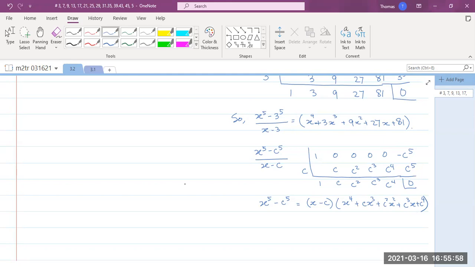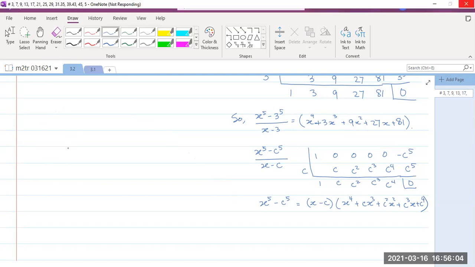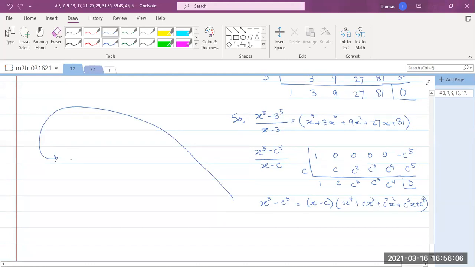Okay, now one of the specific cases that you may forget is how do we factor x cubed minus y cubed? How do we factor that? Now we know that x minus y must be a factor, right? X minus y times what? Then you can play with synthetic division. Okay, 1x cubed minus 0x squared minus 0x minus y cubed. And you put y here.